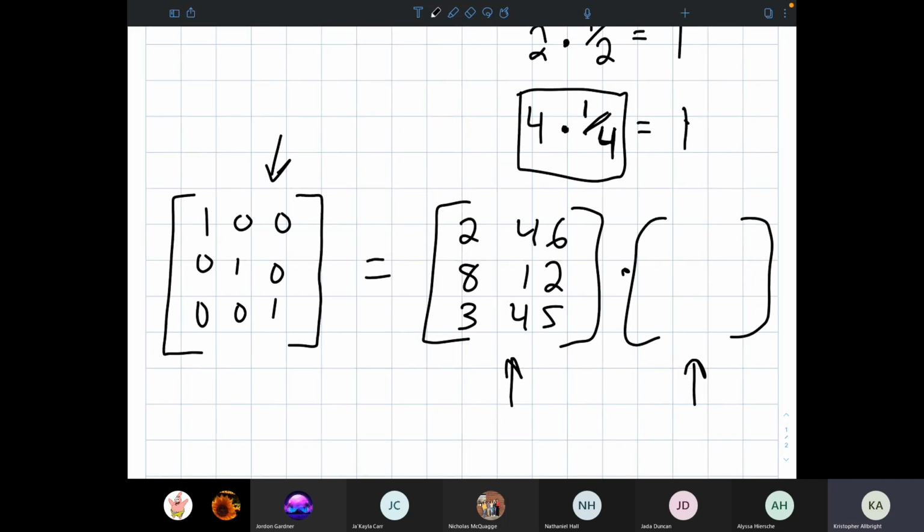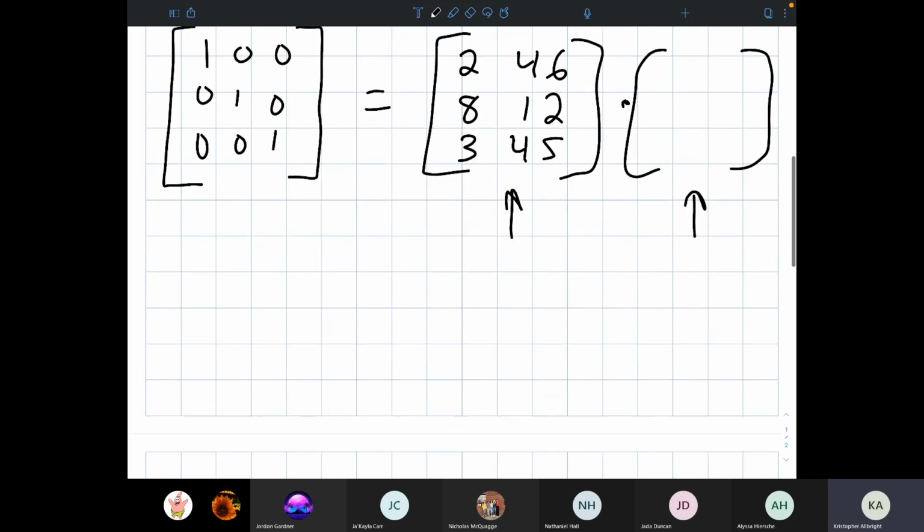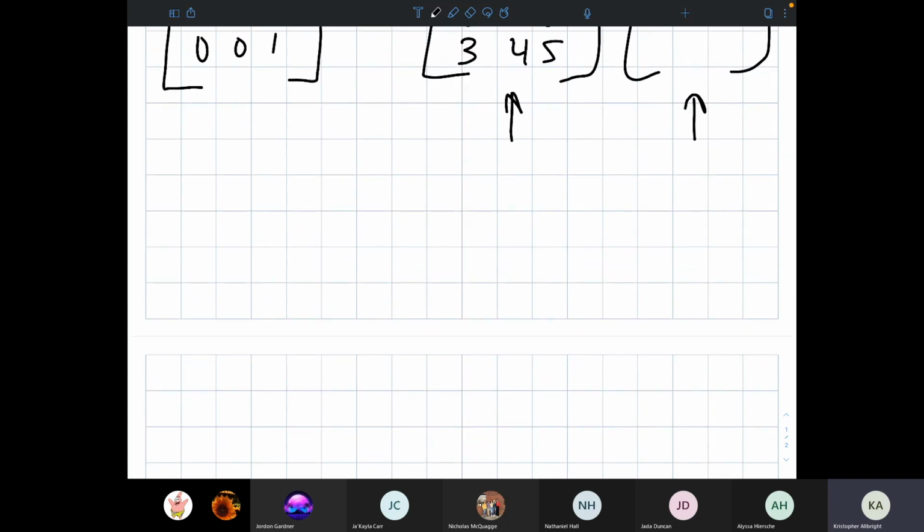The first thing that we need to know is, does it have an inverse? Because you think, okay, every whole number is going to have an inverse because you can just do the fraction. And that makes sense, but matrices aren't quite as simple. They don't necessarily have an inverse, so we have to be sure that they do first. And we do that using the determinant.